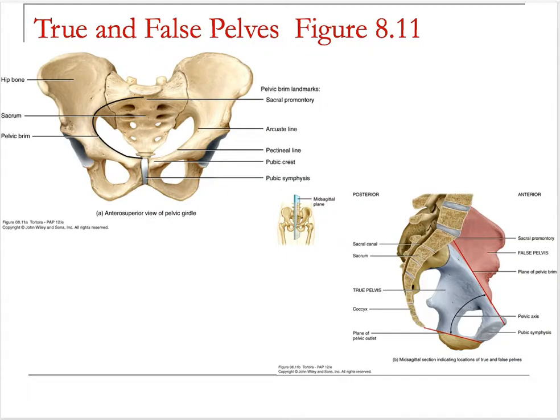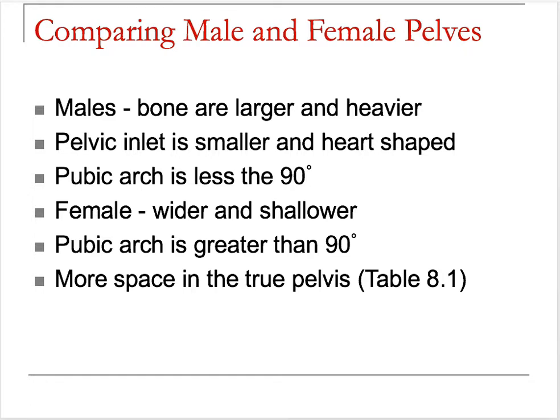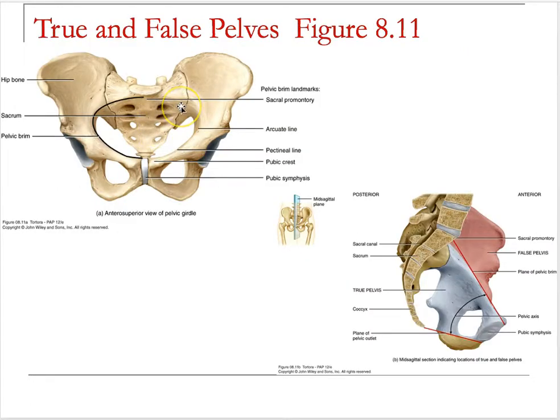So in your textbook, and not so much inside lecture, is this discussion of what is true, and more for lab and not for lecture. So what is a true pelvis and what is a false pelvis? And the true pelvis is everything that goes from, you'll see here's the actual end. So if here is the sacral bone right there.